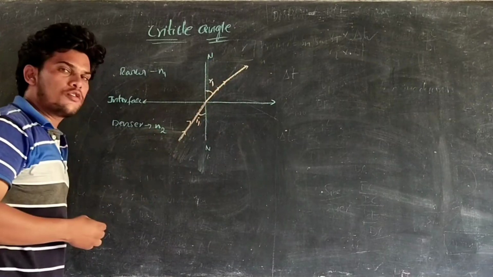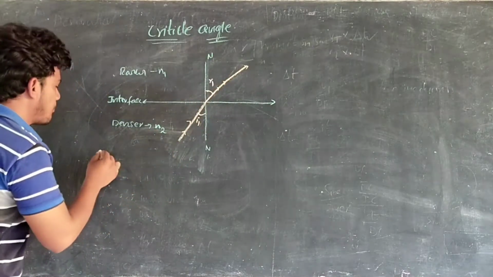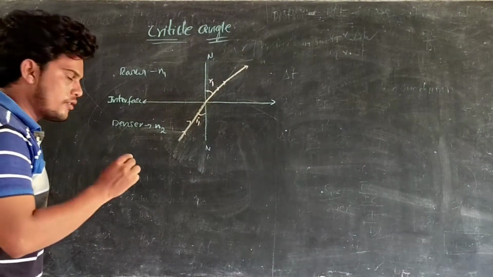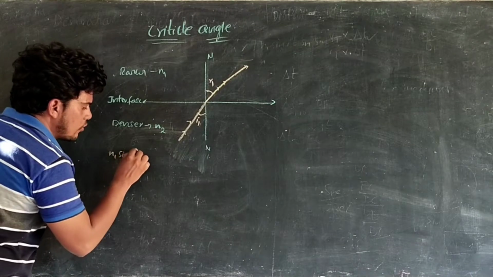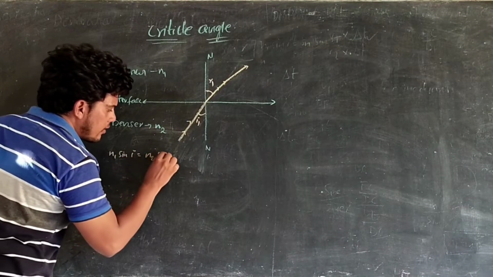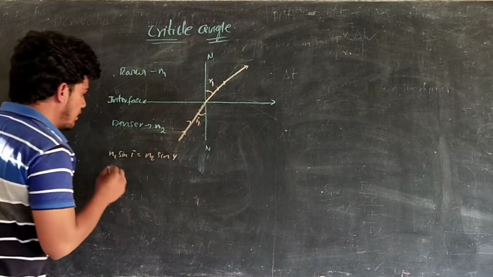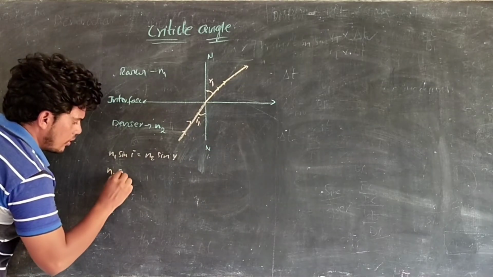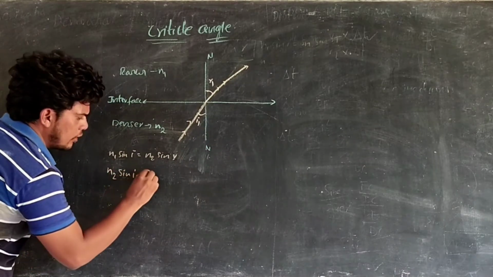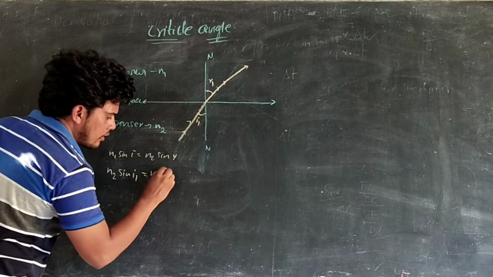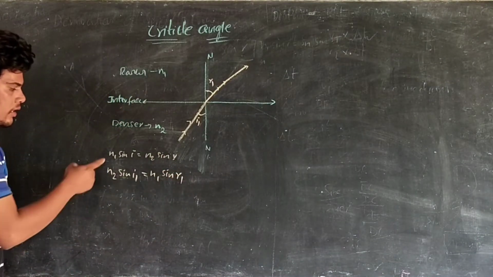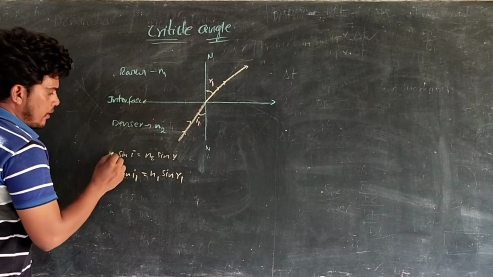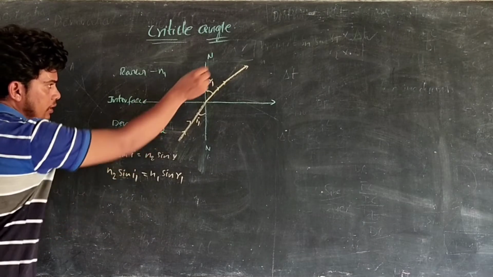Look at here, it obeys Snell's law. According to Snell's law, N1 sin I equal to N2 sin R. So here, N2 sin I1 equal to N1 sin R1, because here we are passing the light from the denser medium to rarer medium.